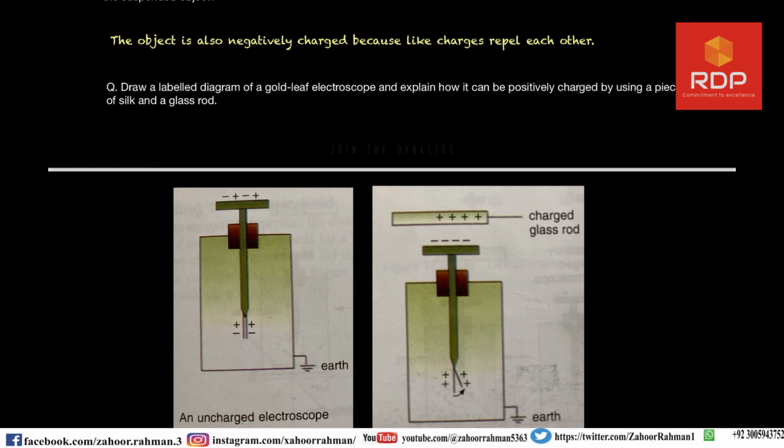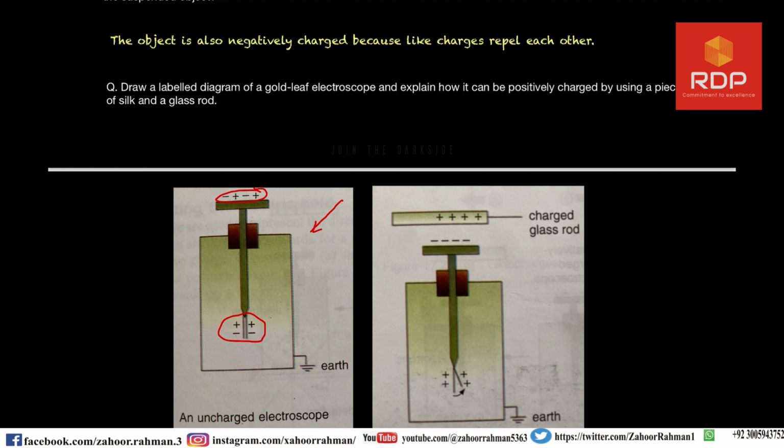Now, in this diagram, it is neutral because positive and negative charges are equally distributed on the disc and on the leaves as well, so the leaves are in condensed form.